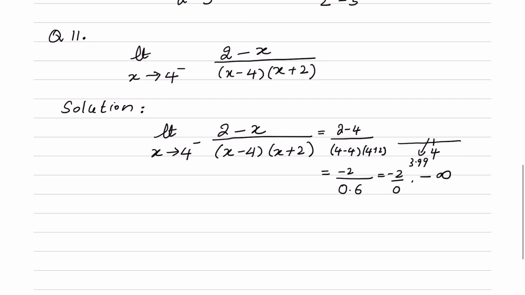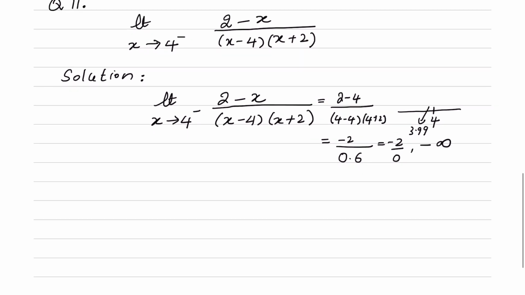We know that whenever we have infinity or minus infinity, we split our question into two parts and find the right sign of infinity. But in this case, we will not split the question because we have to find the limit when x is approaching 4, but from the left of 4.